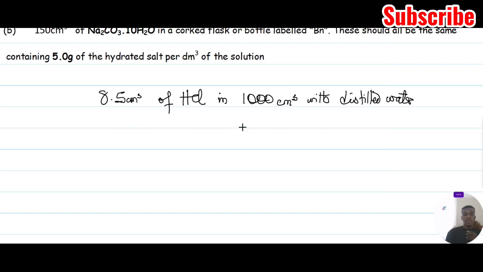So what will be the concentration? You use your normal dilution formula, which is C1V1 = C2V2.